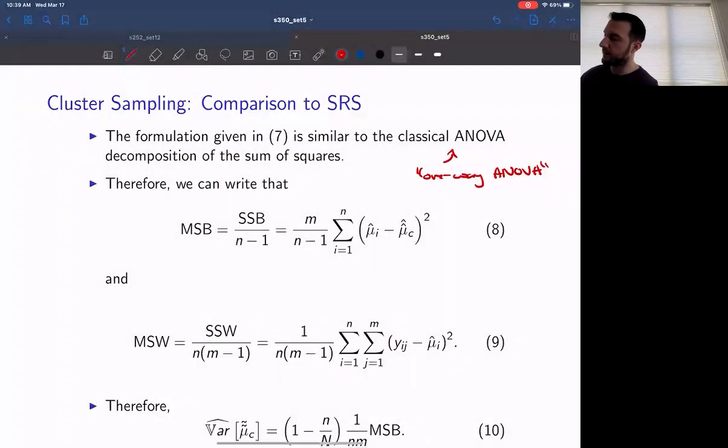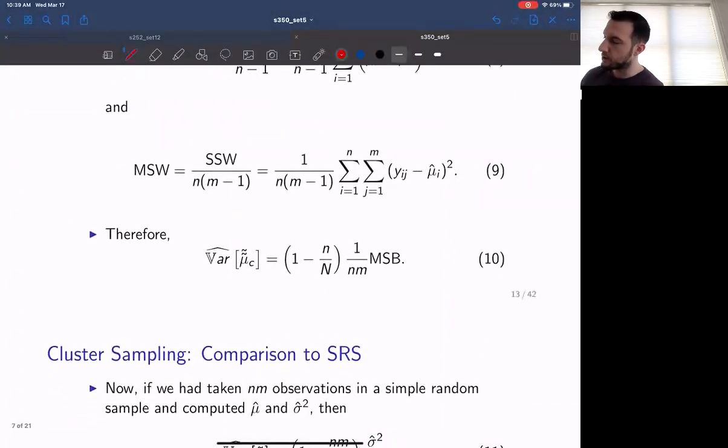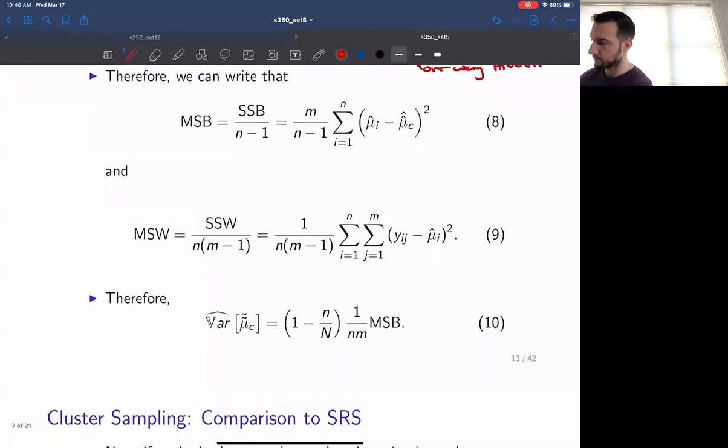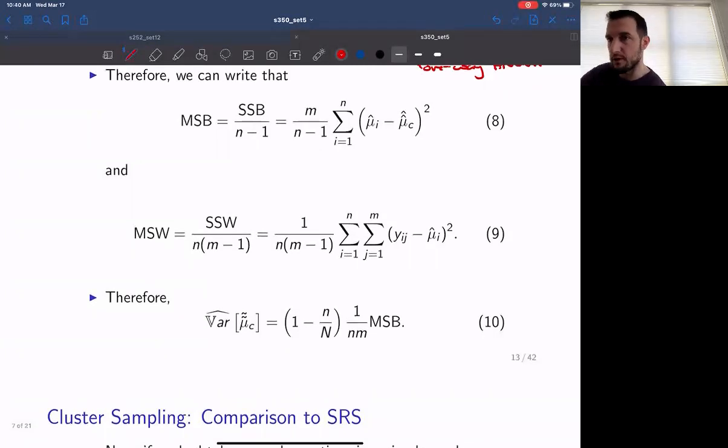But we can say that based off of this ANOVA approach, the estimate for the variance of the cluster sampling mean is going to be given by the FPC times 1 over n times m times the MSB, okay? I was hoping we'd be able to see it more directly from what we had given before, but it's not completely clear how the term in 8 relates directly to those terms before.